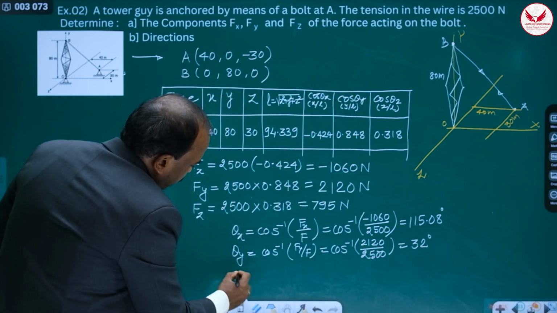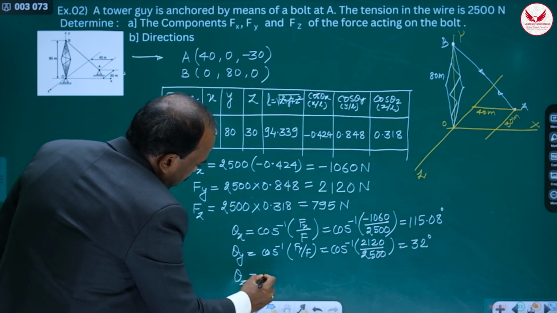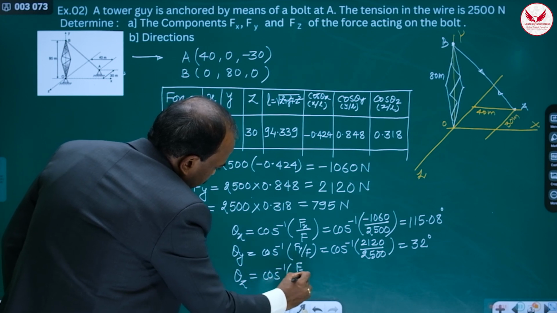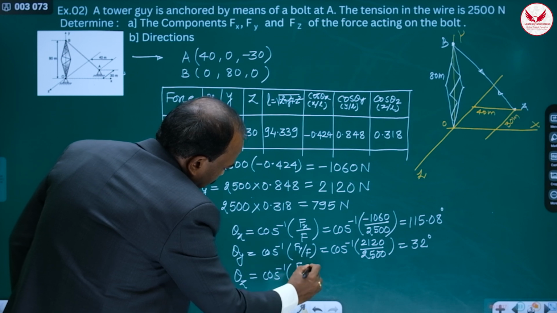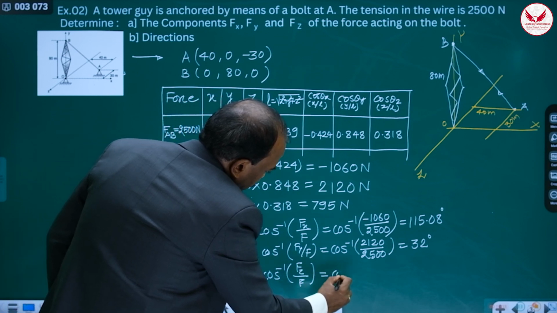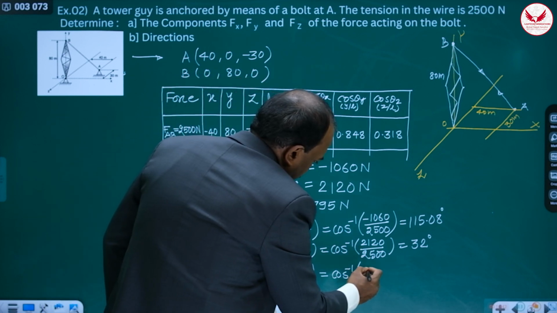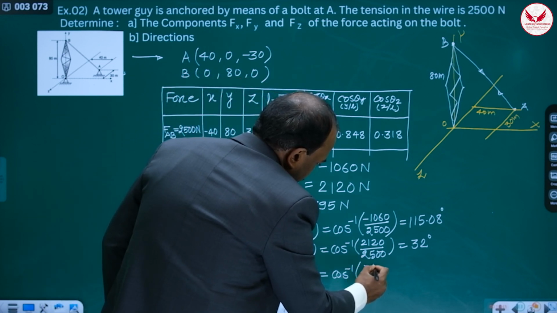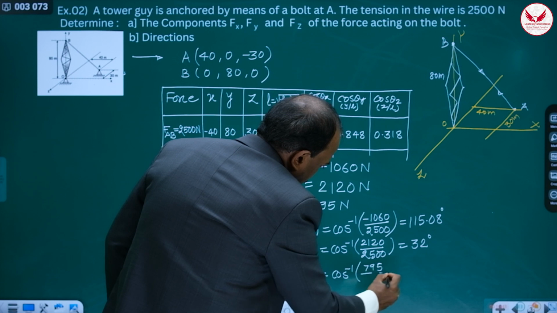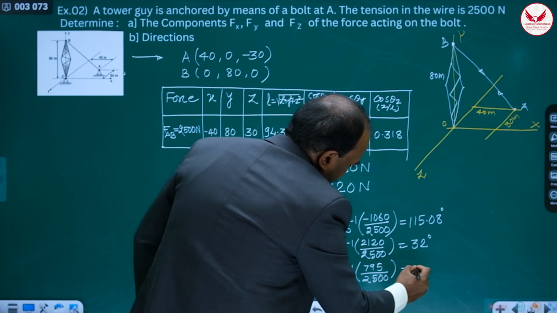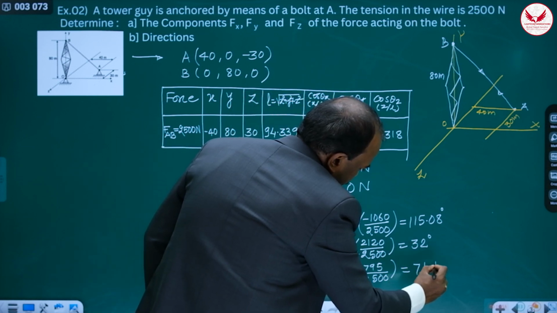And finally theta z will be cos inverse of Fz divided by F, cos inverse of 795 divided by 2500, and it is equal to 71.46.